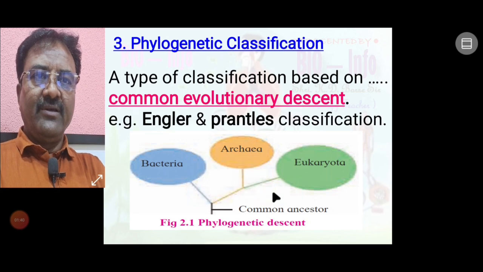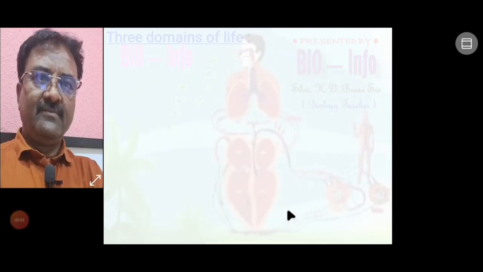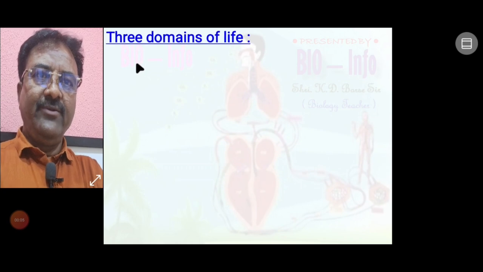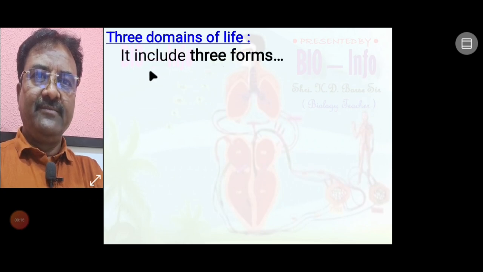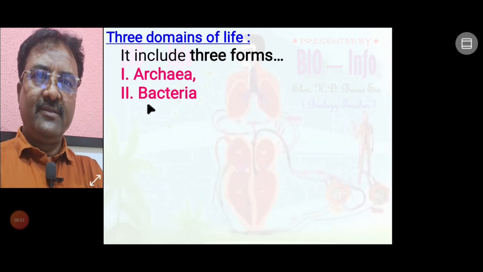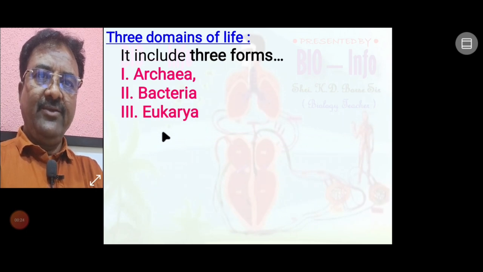Now we learn the three domains of life. It means life on the earth forms three different types. It includes three forms: archaea, bacteria, eukarya.